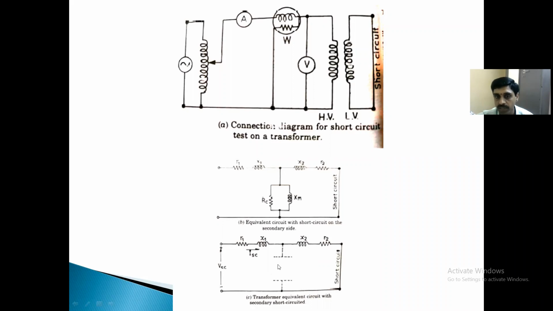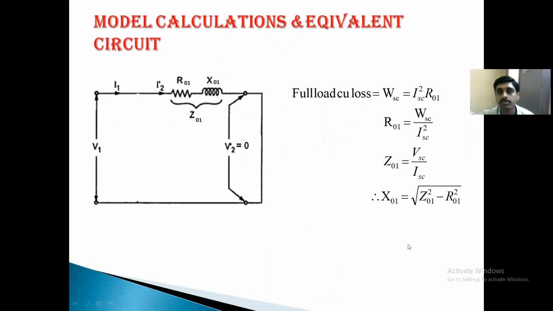That is removed, and this is the way the current flows through the short circuit. That means it is the equivalent circuit with the secondary side short circuited, so the magnetizing component can be neglected.